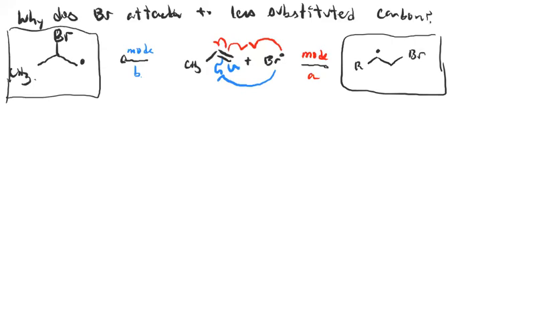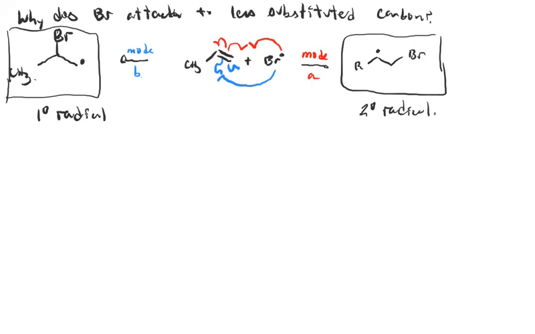And just the same way that we said that, you know, carbocations, you have a methyl cation, you have a primary, secondary, tertiary. We use the same nomenclature for free radicals. So we would refer to the one on the left as a primary radical intermediate, and the one on the right as a secondary radical.